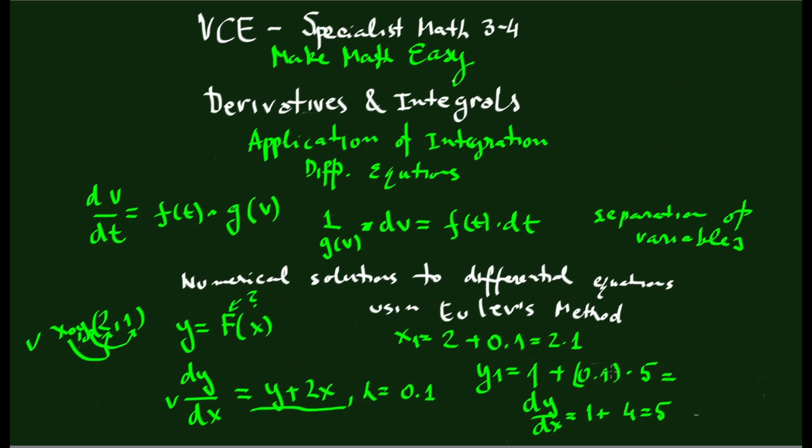So what do we get? 1.5. So this second pair x1, y1 is equal to 2.1, 1.5, and so on.